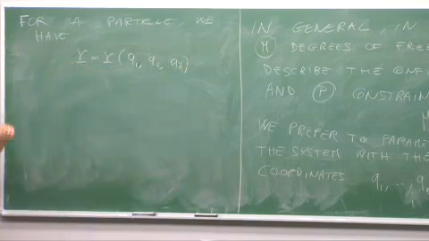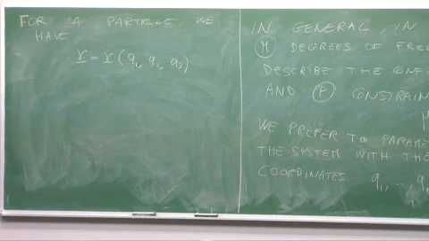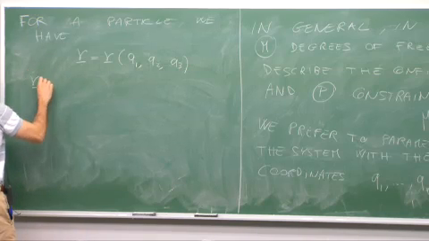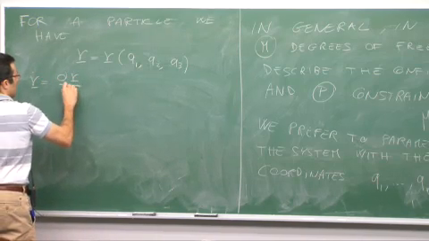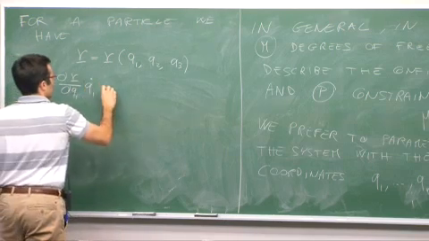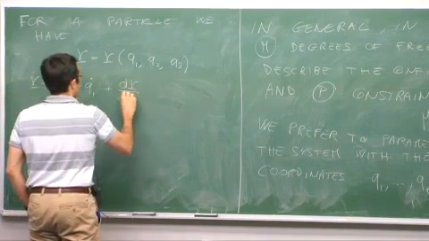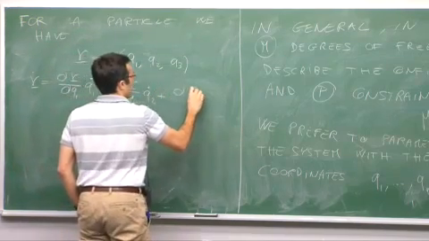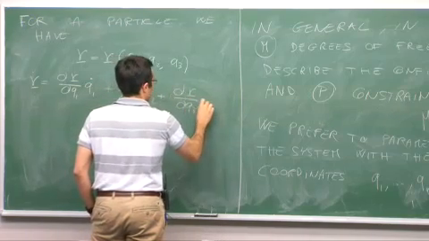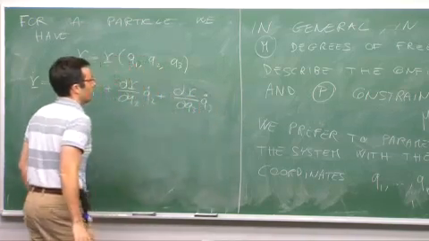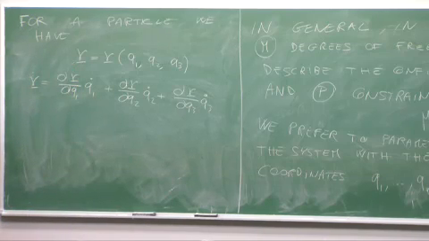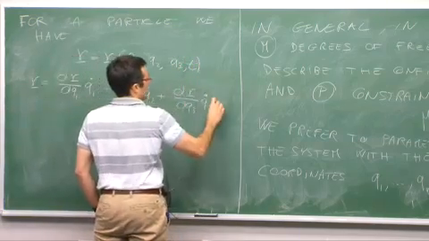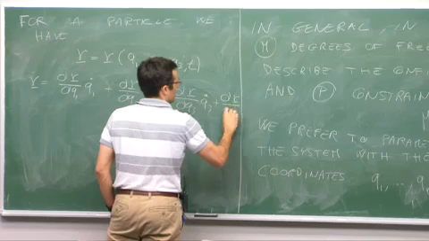I don't need more than 3. That could be X, Y, Z. And so the velocity R dot is going to be dR/dQ1 Q1 dot plus dR/dQ2 Q2 dot plus dR/dQ3 Q3 dot, if that doesn't depend on time. And we've just seen a problem where that actually depends on time, right? So there could be a time here. So you have dR/dt.